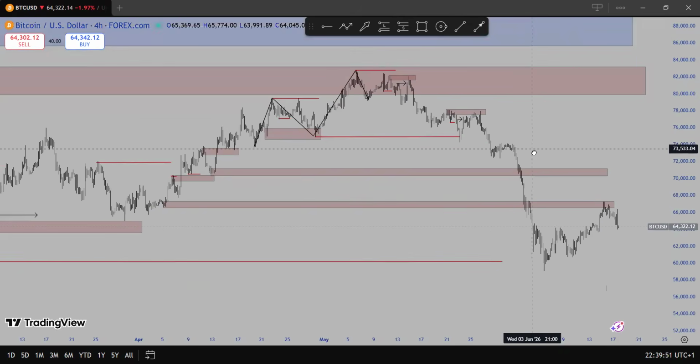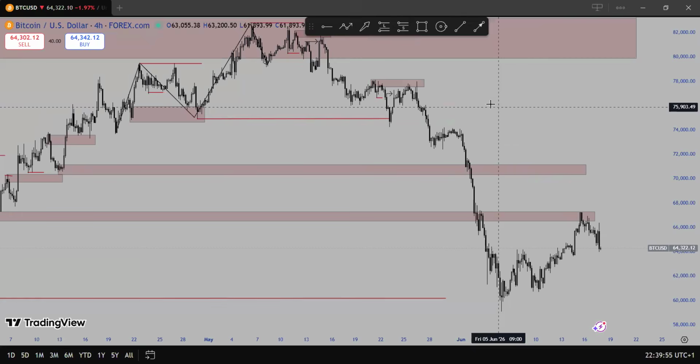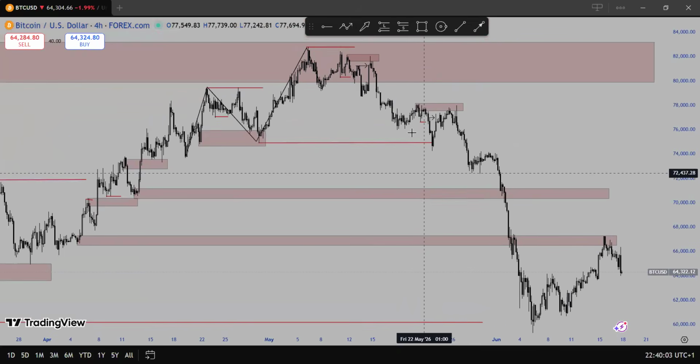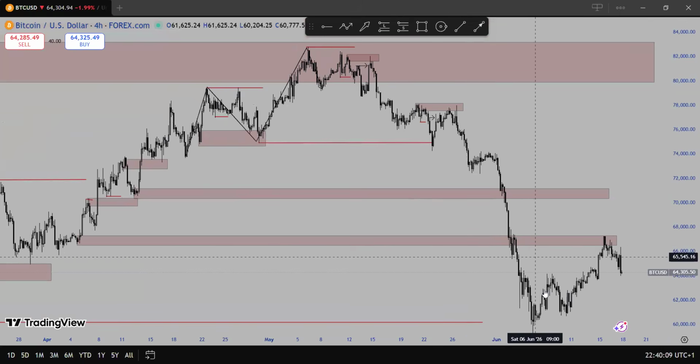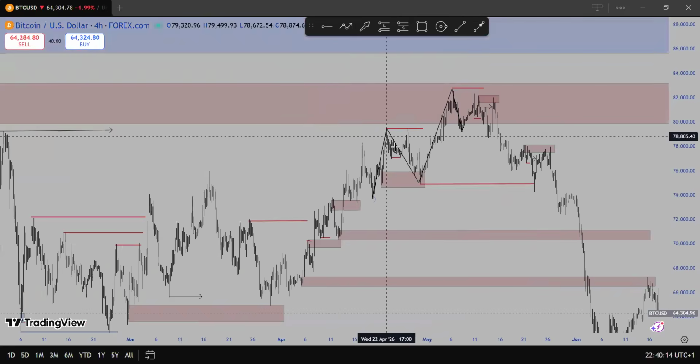I can say there are only few traders that trade SMC that took a sell on BTC when it started dropping down. If you go check, there's only few of them that took these sales on BTC, until you take it at these zones, because these zones have liquidity.